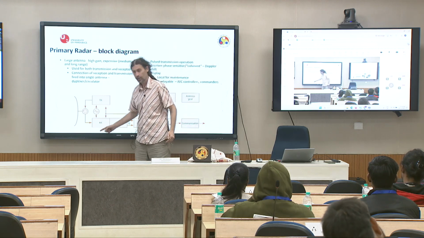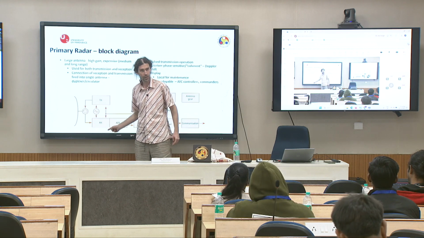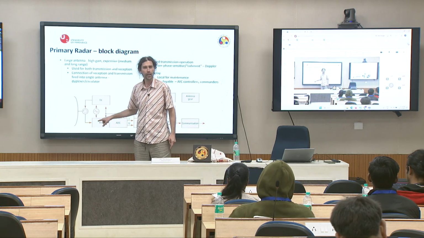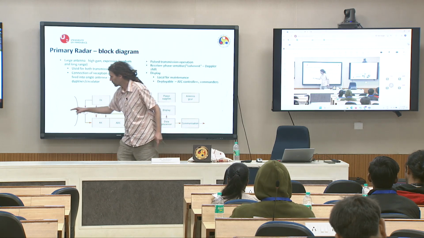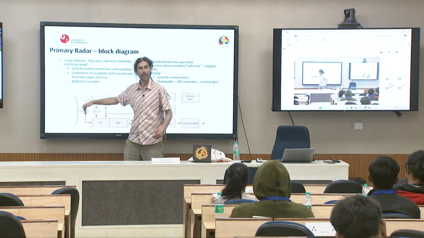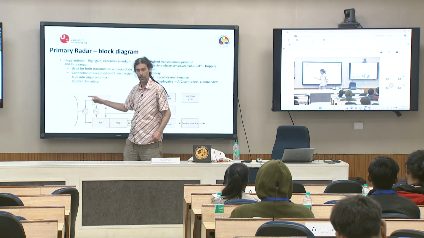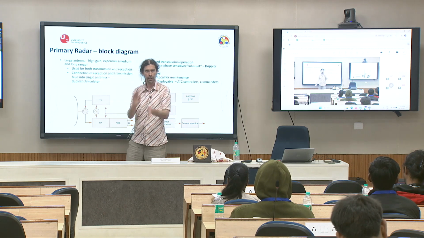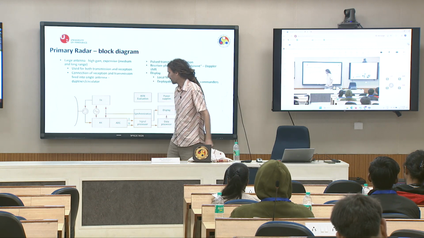Information about targets is almost hidden in noise. So this must have really, really big sensitivity. So of course when I am transmitting, I disconnect it. When I am listening, receiving, I connect this part and disconnect the other part. So it is constantly switching in pulse shape, as we will see later.